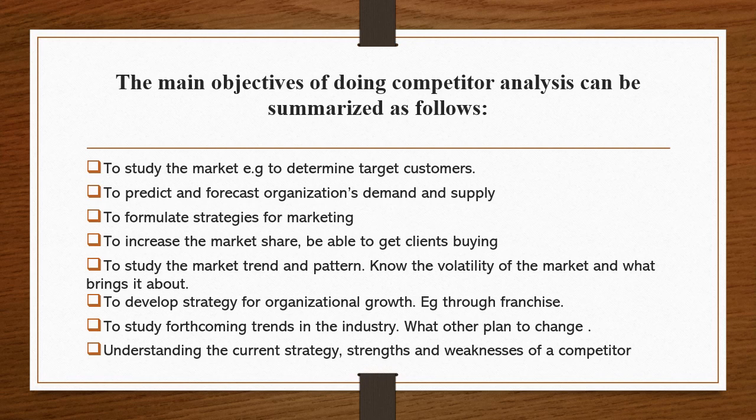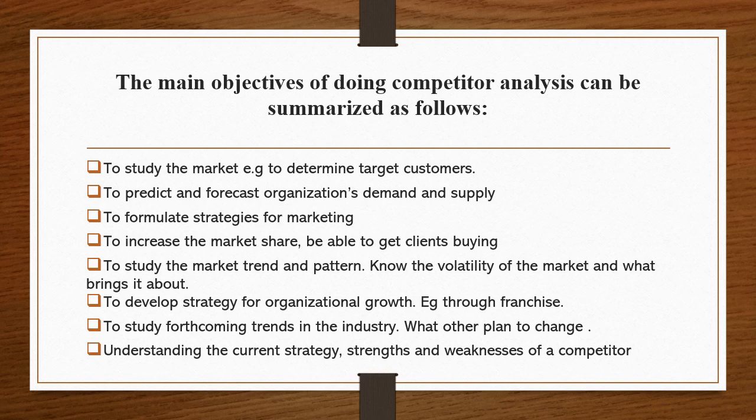Then to study the market trend and pattern. By studying the market trend and pattern, the businesses are able to know the volatility of the market and what the volatility brings about. So you know that some commodities are demanded at maybe specific periods of the year.